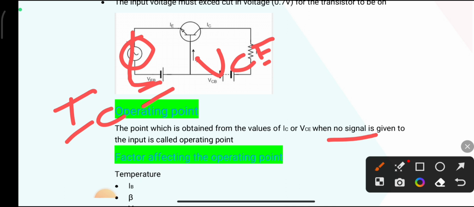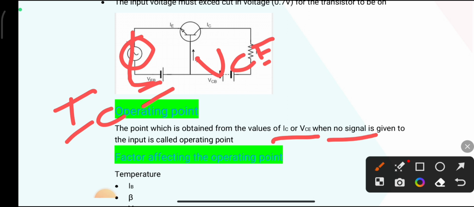This operating point depends on IC and VCE. I repeat, the point which is obtained from the values of IC and VCE when no signal is given to the input is called the operating point.